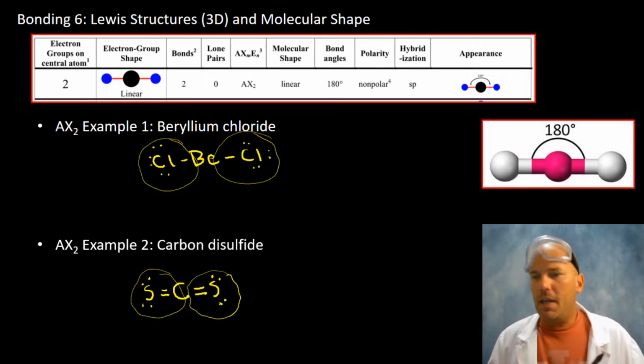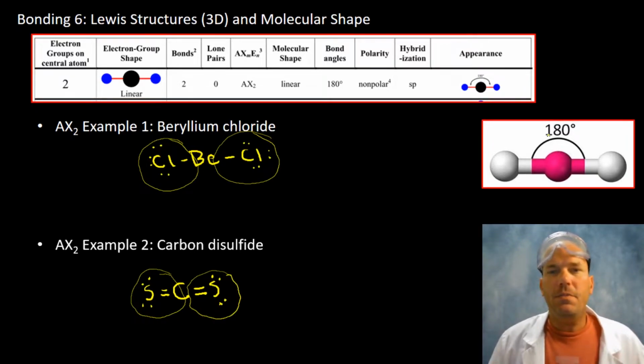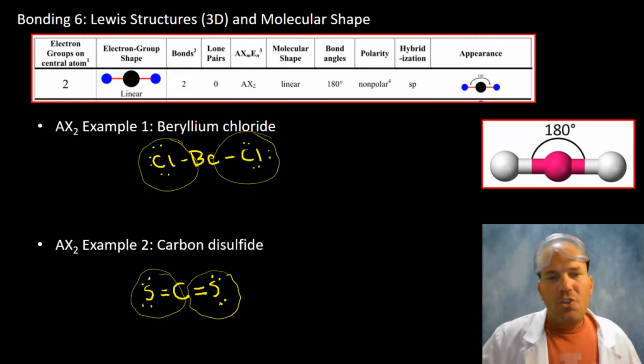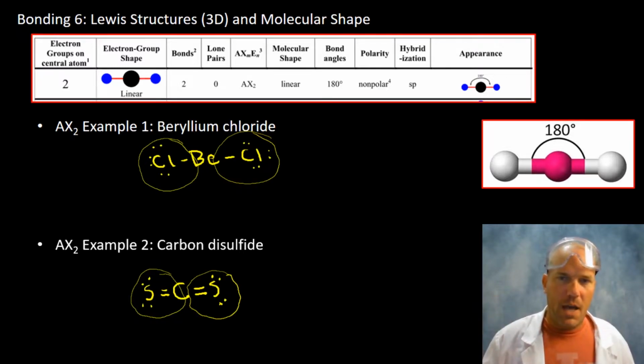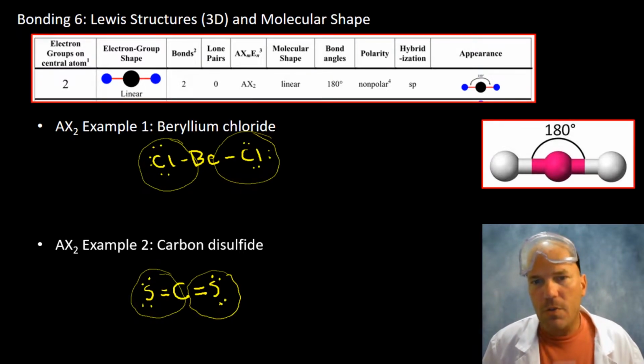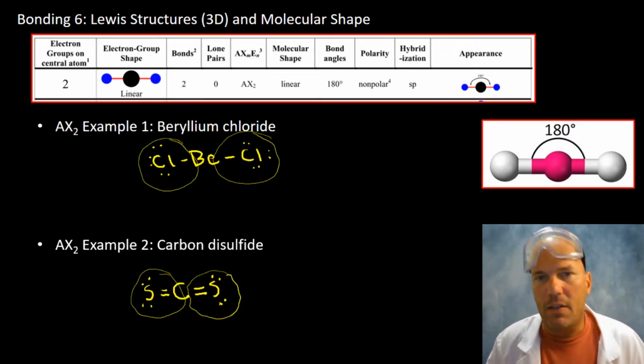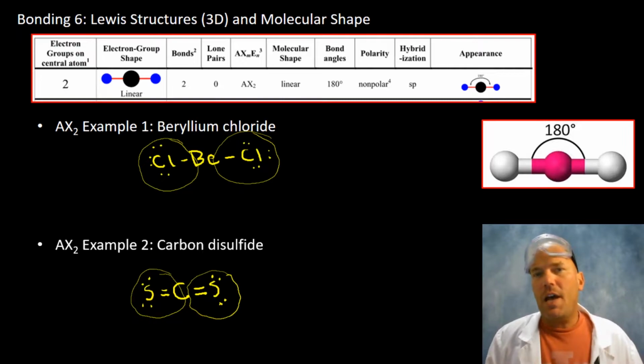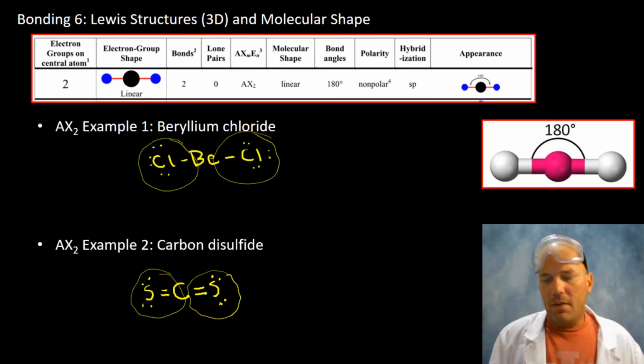And if you look at a space-filling model here, it shouldn't be any surprise for you to see that the bond angles in linear, triatomic, and diatomic shapes or compounds is a 180-degree bond angle. Now, polarity and hybridization are topics that I'll cover in later videos.